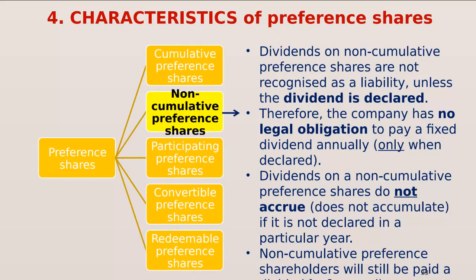So non-cumulative is obviously the opposite of cumulative, right? It means we have dividends at a fixed rate, but we are not forced to pay it every year. So it's at the fixed rate, 10% of the capital, but we are not forced to declare it and pay it every year.